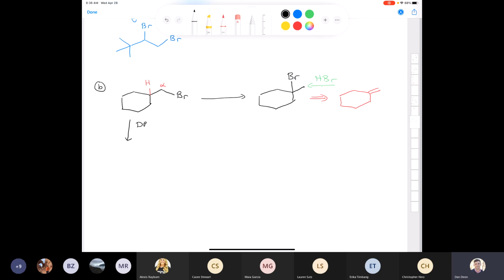So you could put here DBU, and again, if you want to put DBN, and we went over what those were in class very quickly, you would end up with this exocyclic alkene like that. And then in the last step, you're just going to take it and treat it with HBr like that. So that's really just a two-step synthesis.